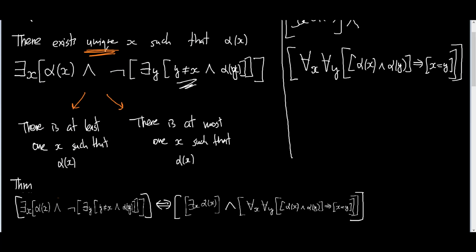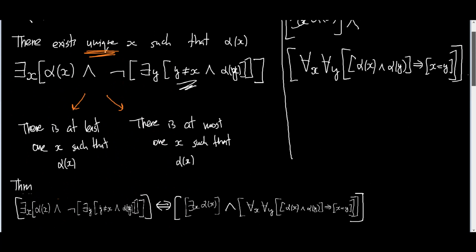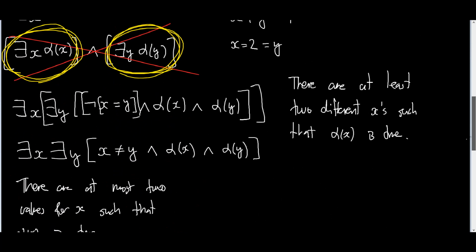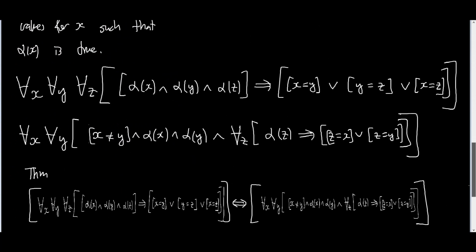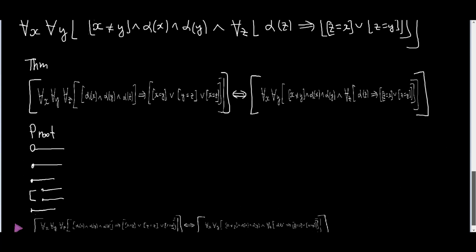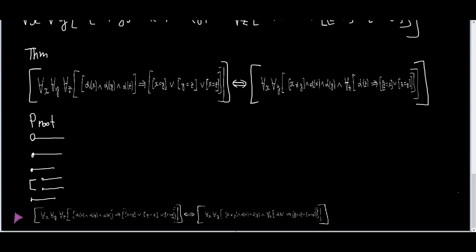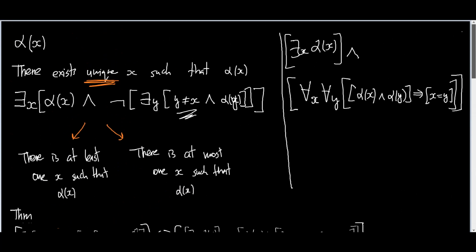Very often we encounter this need for expressing statements such as these: the existence of a unique x having a certain property, or existence of at most one x having a property, or at least two different x's having a property, or at most two different x's having the property, and so on. So these kinds of statements are very common in mathematics, so it's very useful to have gone through these examples.